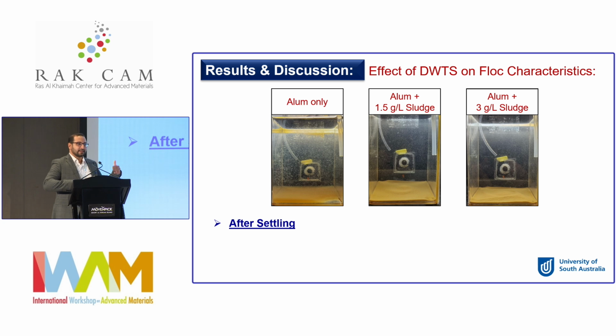Also, after the settling, or after finishing all treatment processes, we can see that without addition of the powder, not all the floc settled, most of them or the small ones are still there. But when you add the powder, our sludge, you can see the water is clearer, which means the settling improved very much.